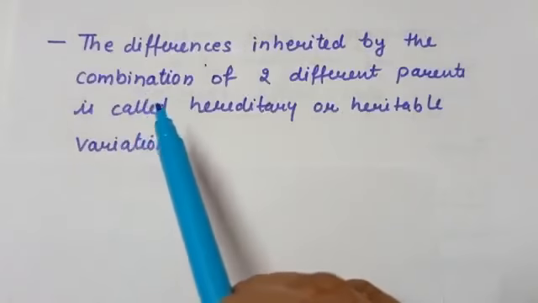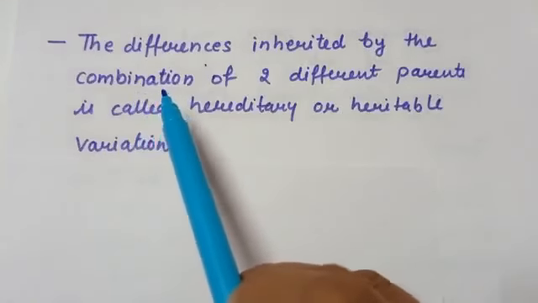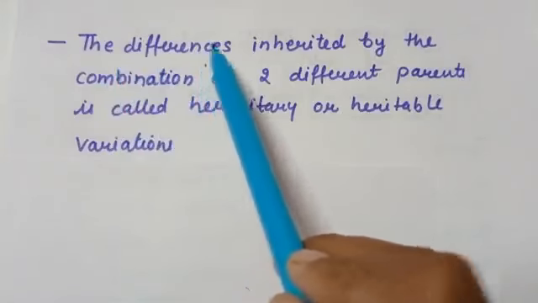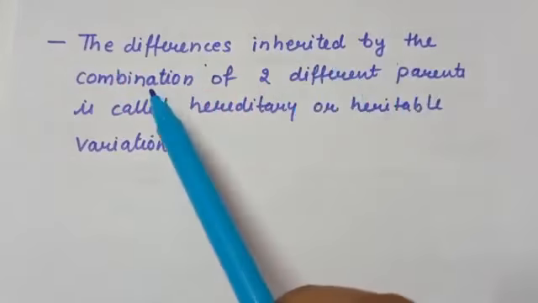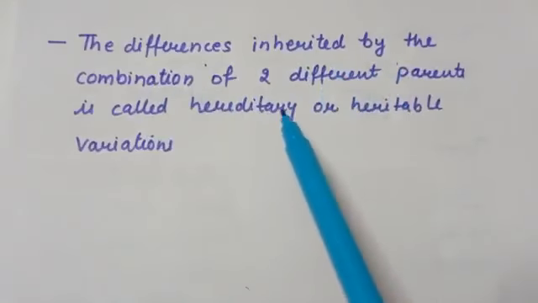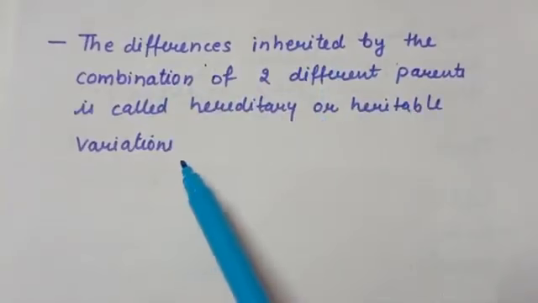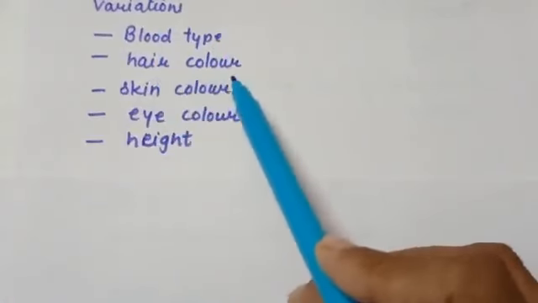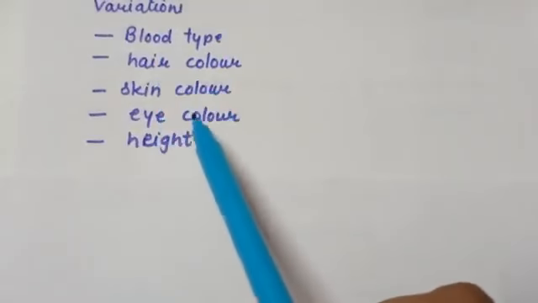First is heritable variations. The differences or variations inherited by the combination of two different parents are called hereditary or heritable variations. For example, the type of blood or blood group, hair color, skin color, eye color, and height.